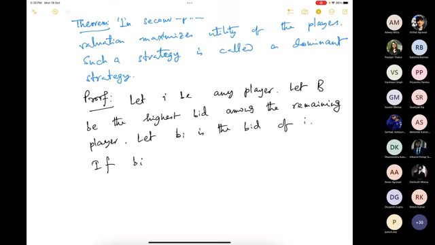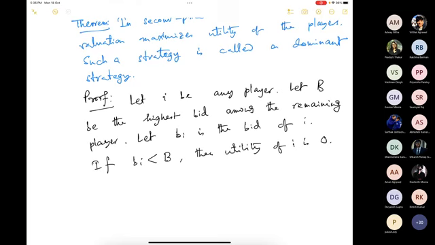So for Bi, there are two cases. If Bi is less than B, that means player i's bid is not the highest bid, then player i loses, and then utility of player i is 0.